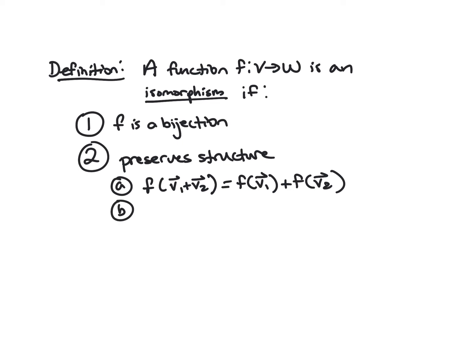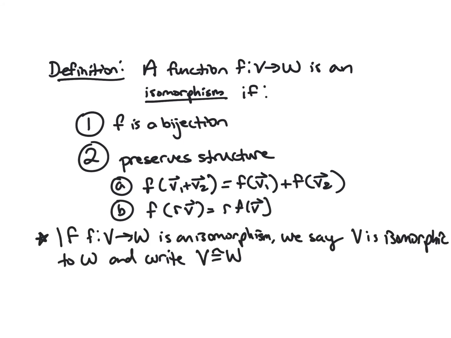And the same thing with scalar multiplication: f(r v), for some r times a vector v, is equal to r times f(v). Just a bit of vocabulary and notation: if f is an isomorphism, then we say V is isomorphic to W, and you write it using an equal sign with a tilde on top.